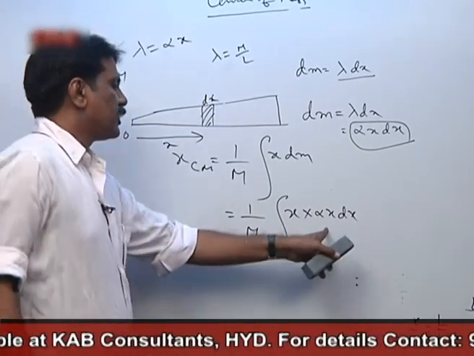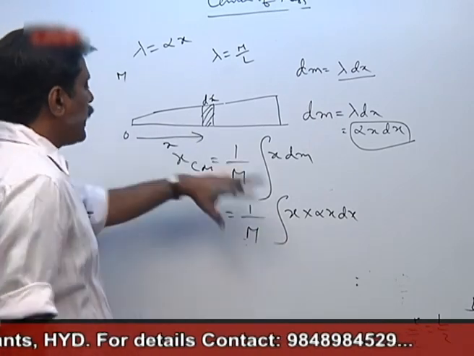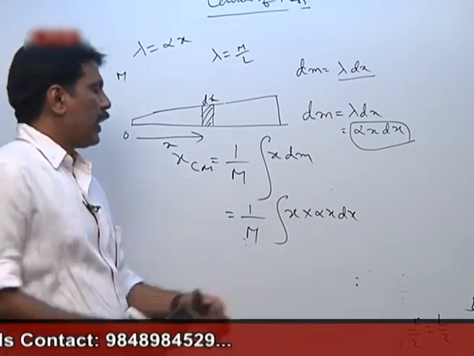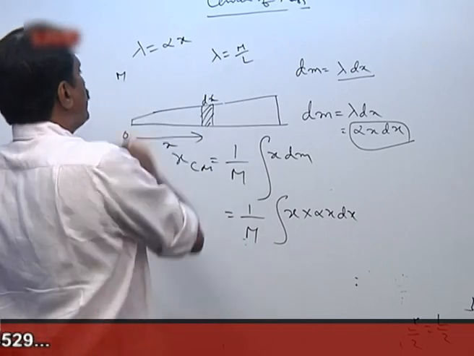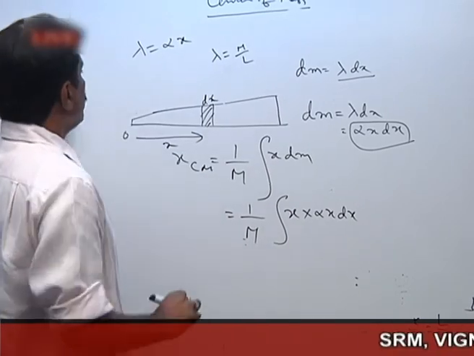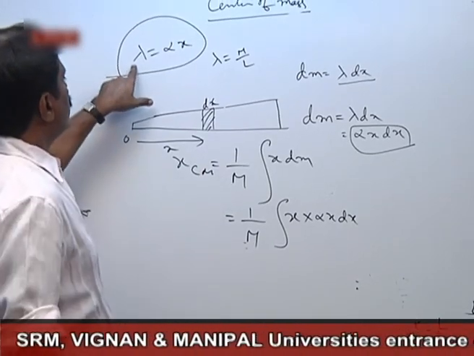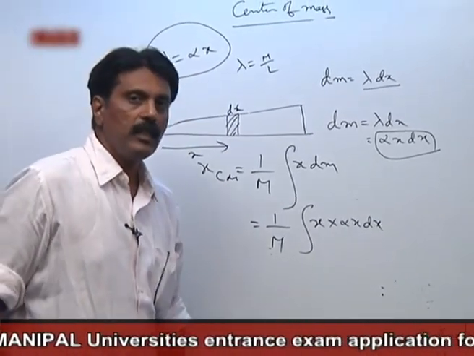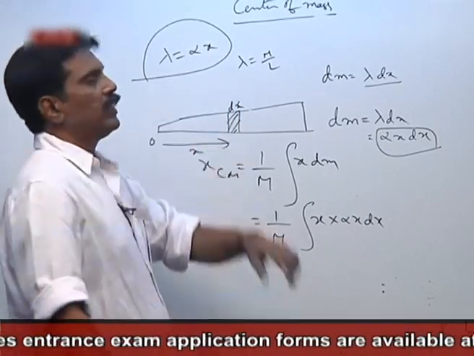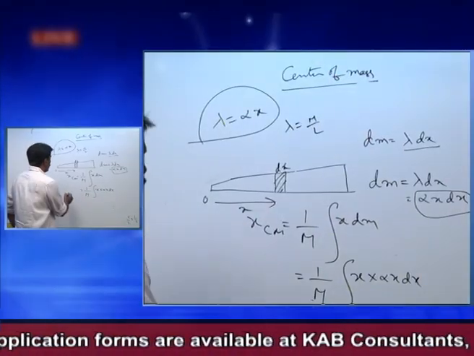If you integrate this from the limits 0 to L, you will get some value. Here mass is not given to you directly. You are given only that mass per unit length is equal to alpha x. You have to get the mass from this relation only. How to get?